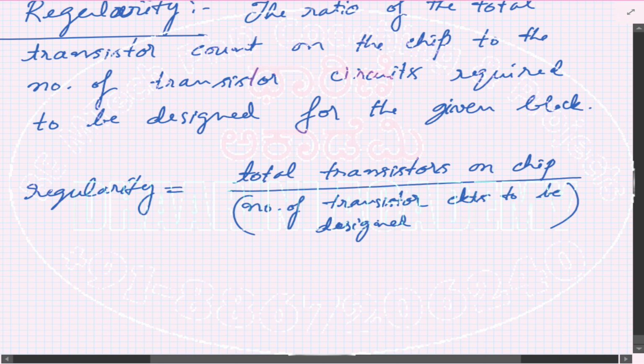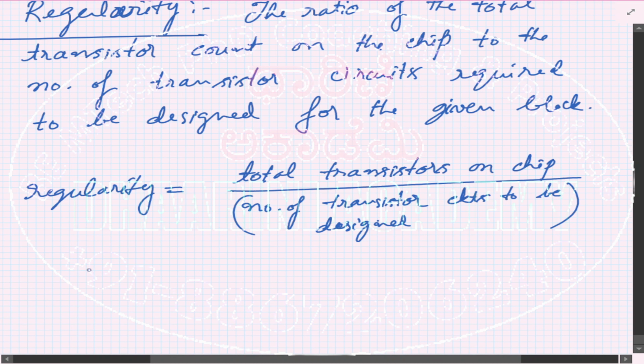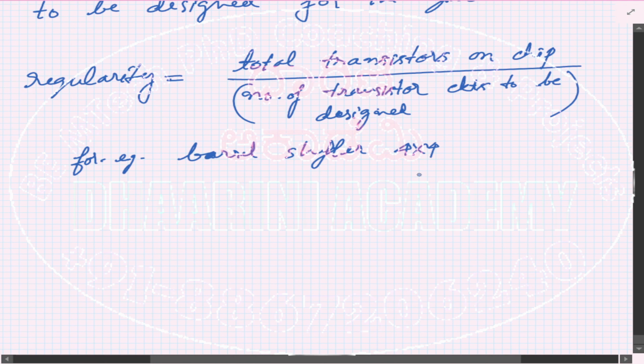When you go for, let's say, a 4 into 4 barrel shifter, for example, let's calculate the regularity. What is the regularity of this?